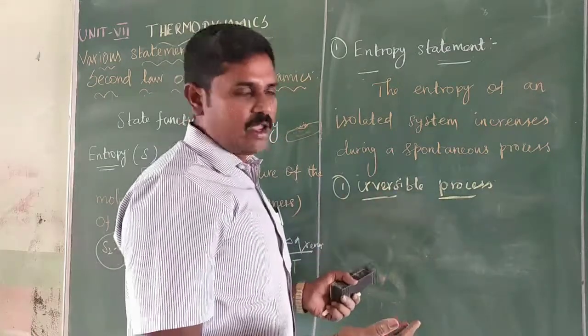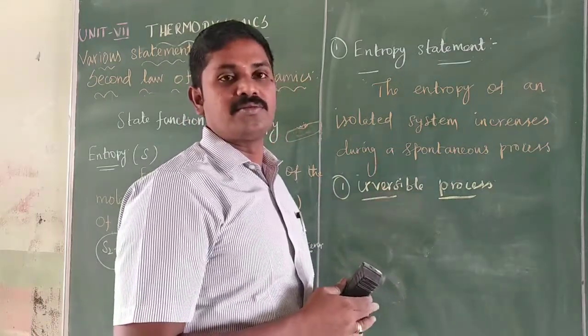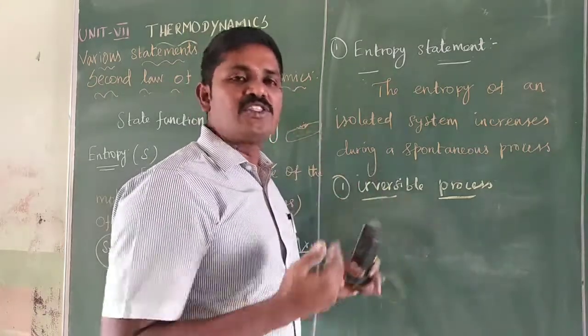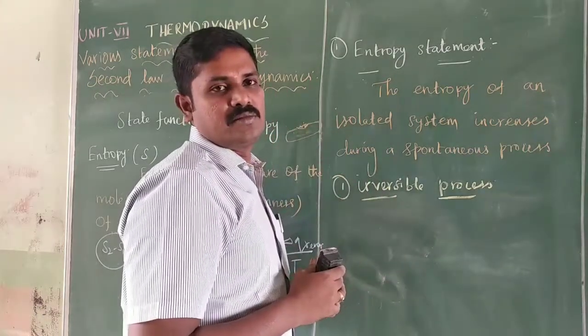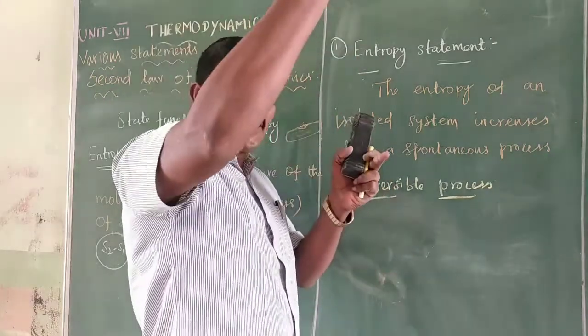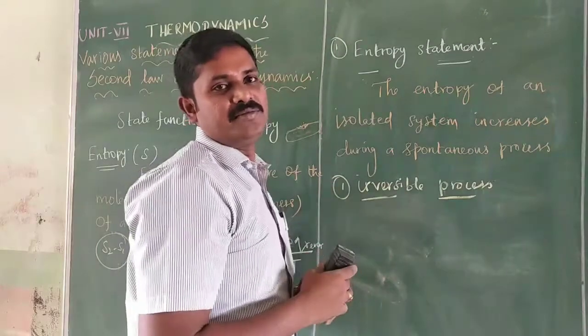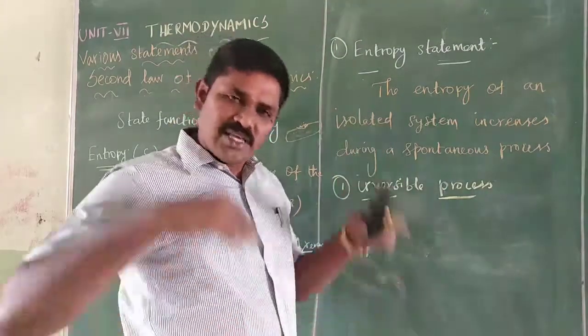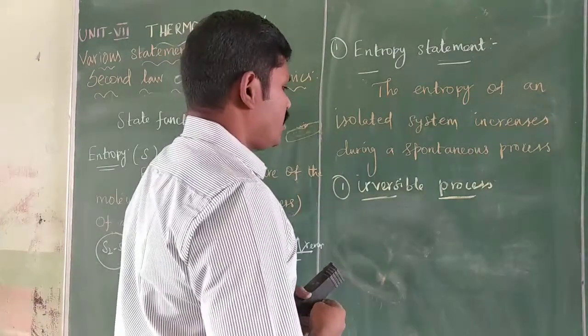The rusting of iron is an irreversible process. All natural processes are irreversible. The child grows to a man, but the man cannot reverse to a child. It is a natural process.